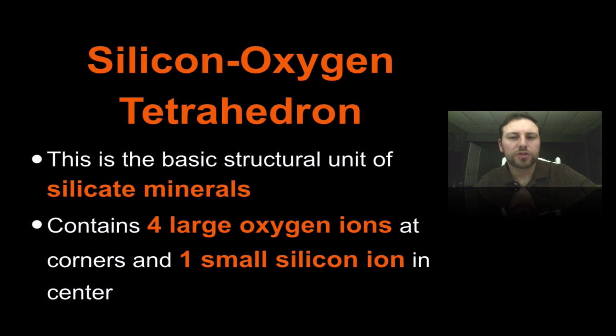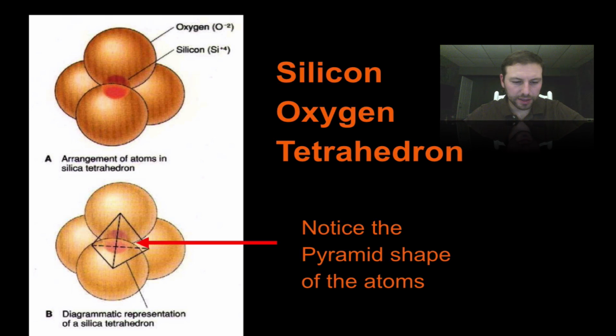The silicon-oxygen tetrahedron that I mentioned a little bit earlier is something a little bit different. It's the basic structural unit of silicate minerals, where we have 4 oxygens surrounding 1 silicon ion. It looks like this. Here's our silicon, way buried deep within these 1, 2, 3, 4 oxygens.